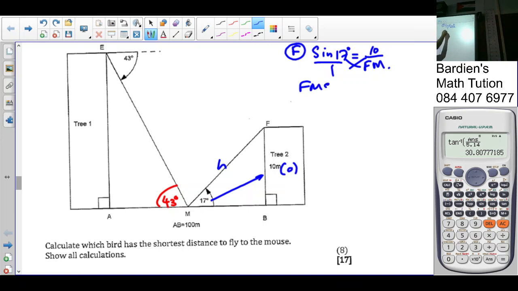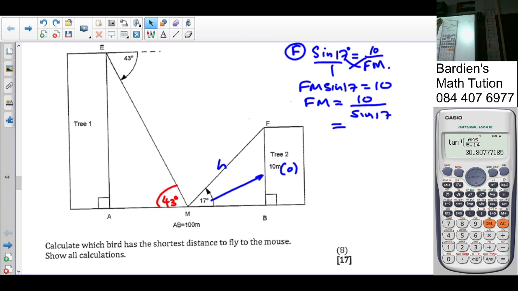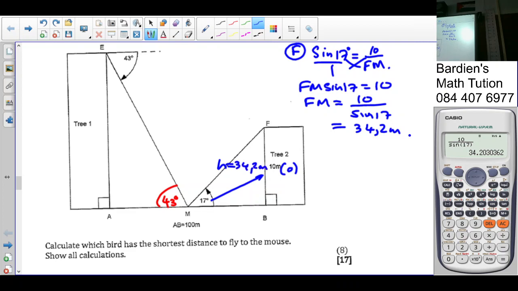So FM sine 17 is equal to 10, so FM is 10 over sine 17, which gives us 34,2. So this length here is 34,2 meters. So the falcon only needs to fly 34,2 meters to reach the mouse.